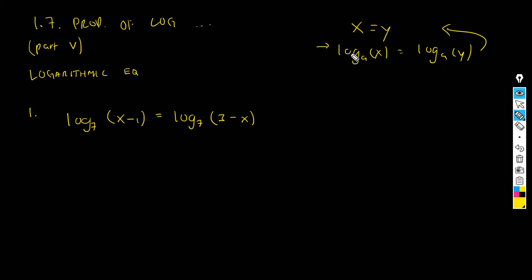If you know that log base a of x equals log base a of y, then x equals y. So we're doing exactly the same thing. Basically, we have this x minus 1 equals 3 minus x. And now we can solve this extremely simple equation. I give you some seconds to solve it, and then look up to check your answer.